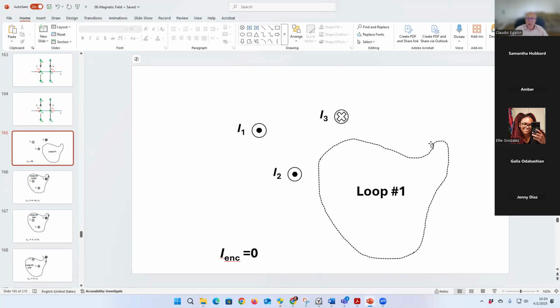But if I don't choose my loop properly, I won't. Why is that? Because in this specific case, my loop is enclosing no current whatsoever. The enclosed current here is going to be 0, okay? And that's how we should use it, right?